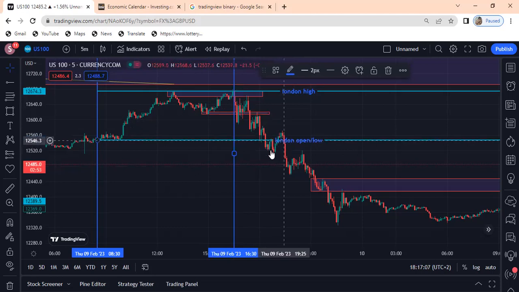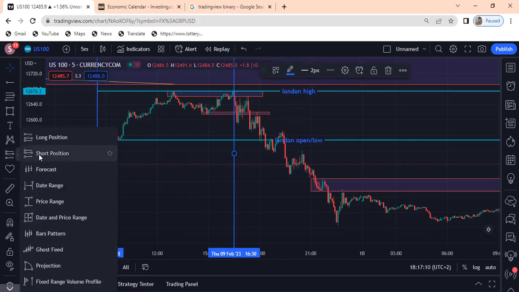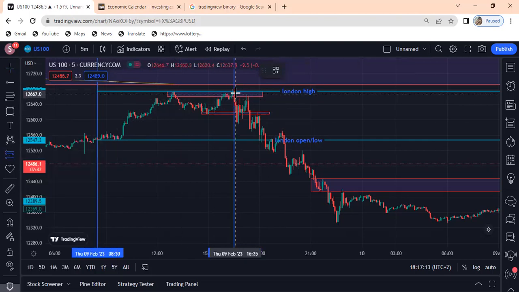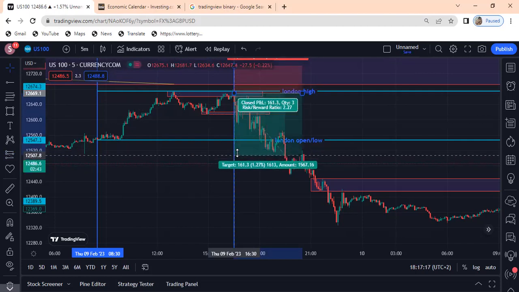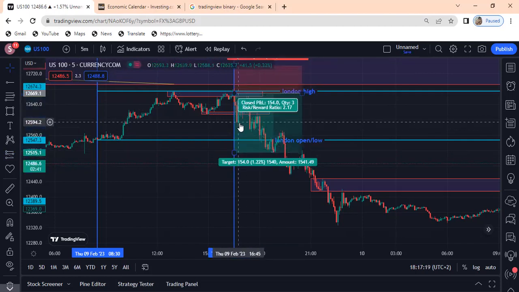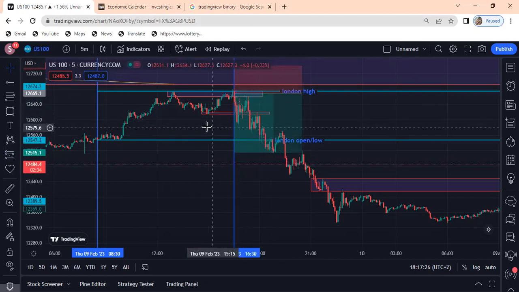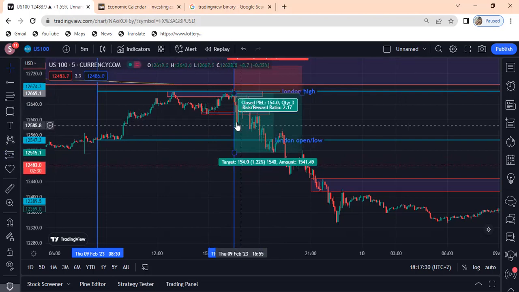On this day, we had positions open, but it was so volatile that we ended up closing at this level here, after this candle. The market was just too volatile for our liking, so we closed it here.